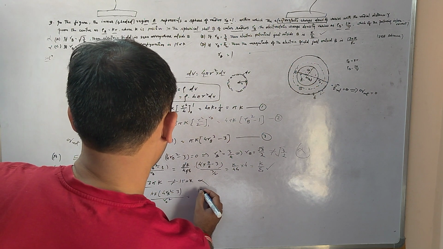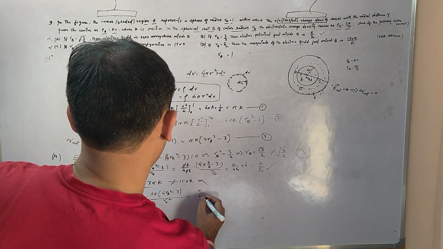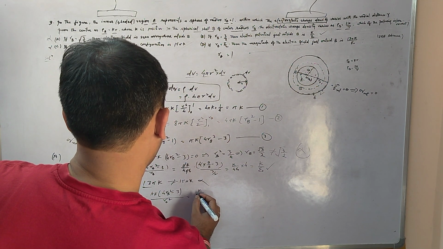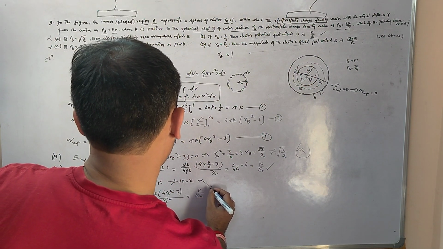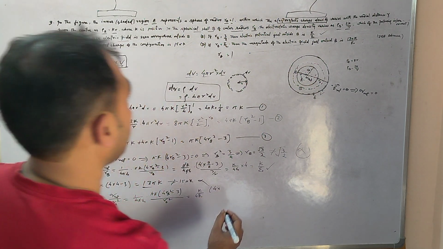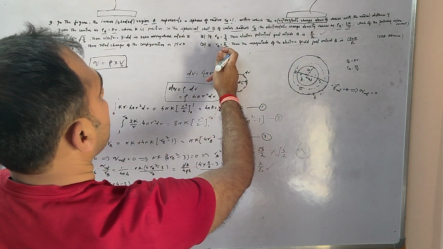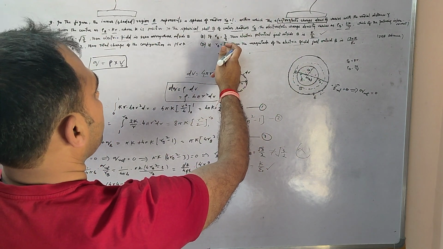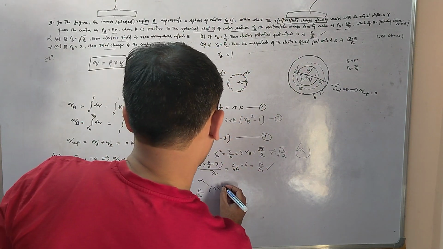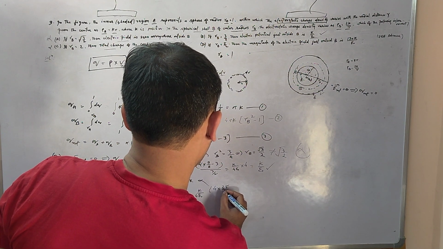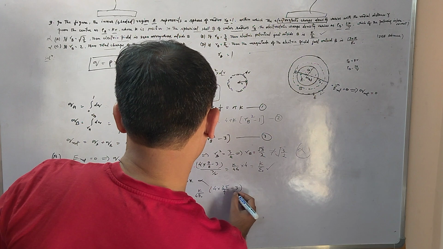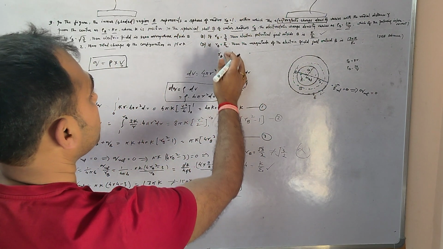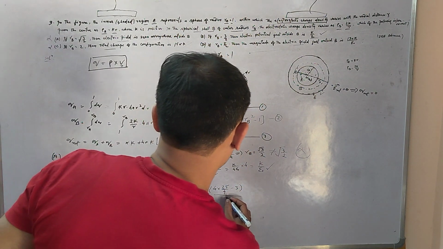This will be K on 4 epsilon naught into, RB square is 25 by 4, so 25 by 4 minus 3 on 25 by 4.